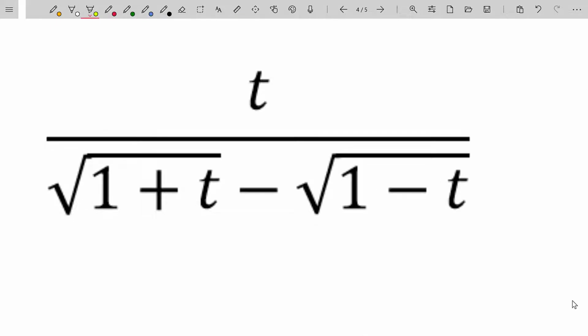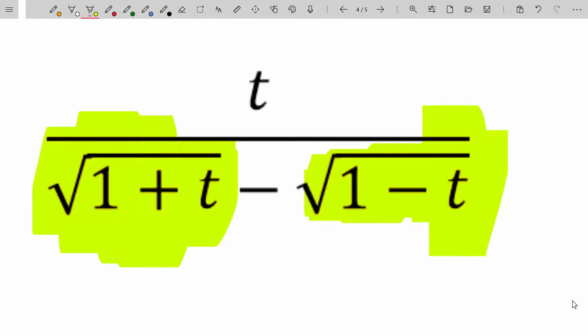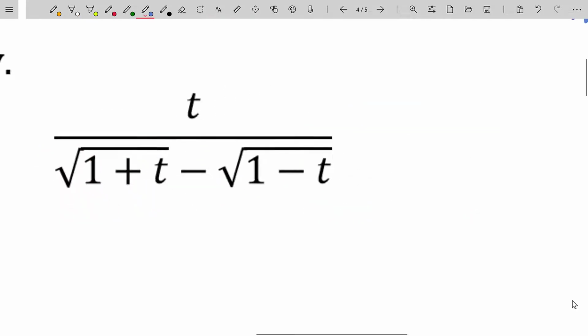Let's talk about what the conjugate of this denominator is. You can see two expressions in that denominator, the first and the second. So what we're going to do is multiply both numerator and denominator by the first, this guy right here, plus the second. I like to use a different color for this, so I'm going to grab that numerator and be very careful here, because a lot of people tend to avoid using parentheses.